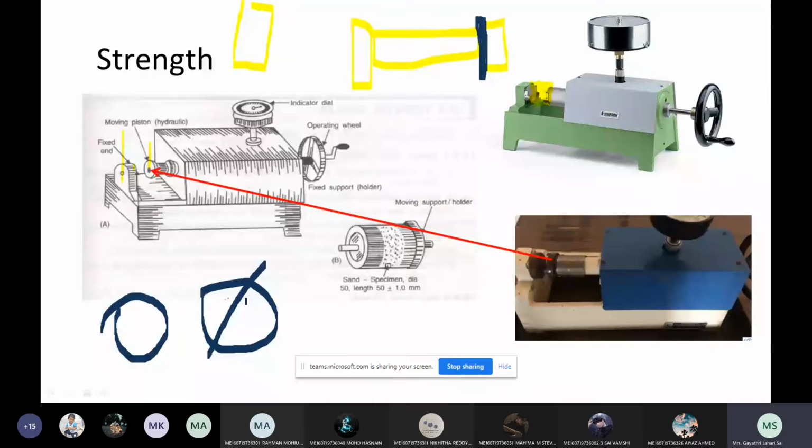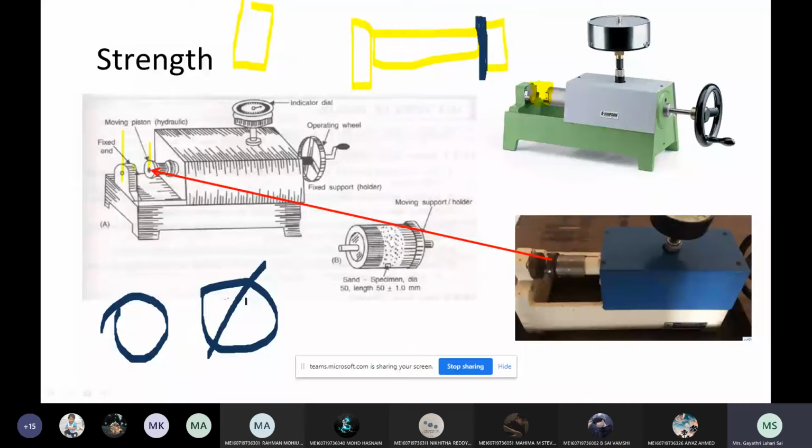Once you rotate the lever continuously, at one point there will be a compression failure. At that point, stop rotating the lever and take the reading, so that you get the green strength of the sand. Generally the green strength of the sand will be 30 to 160 kilopascal. I repeat, the green strength of the sand will be between 30 to 160 kilopascal.